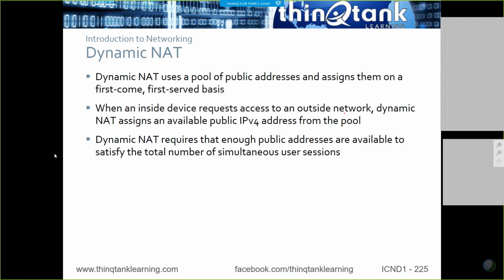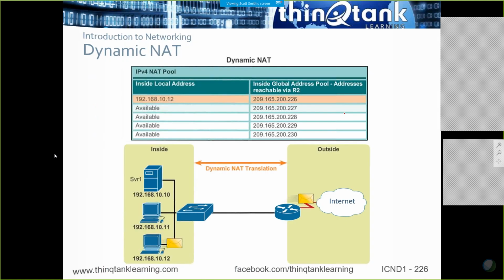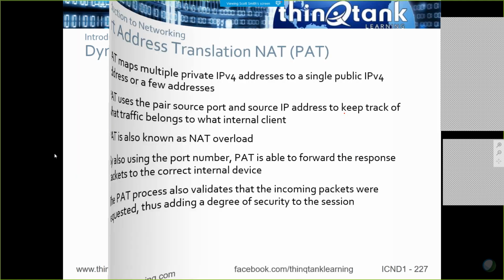Now you can see why that would probably be the least common form of NAT, right? Because who doesn't go to the internet now? Everybody goes to the internet all the time. All right? So dynamic NAT is a pool of addresses. All right, we'll see that configuration a little bit later on as well.